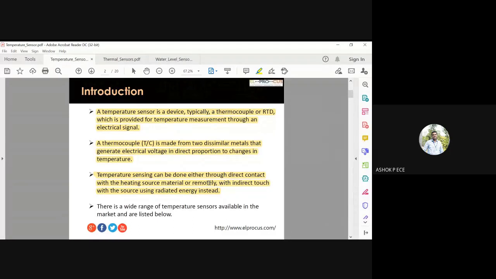In the indirect method, how can I measure? Indirectly, I can measure the temperature using the radiated energy from that particular person or animal or any other thing. A lot of temperature sensors are available in the market, which are simple and compact.